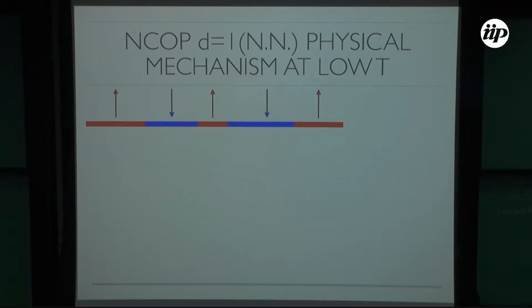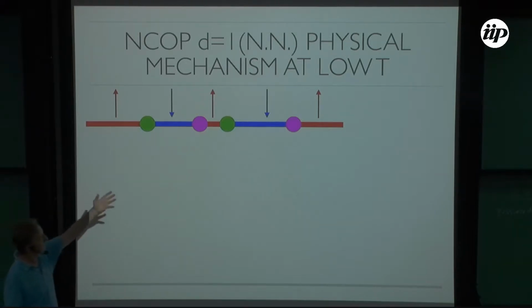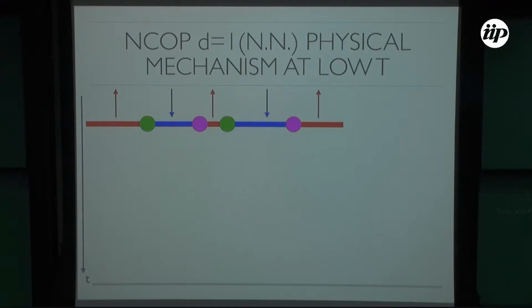The physical mechanism whereby coarsening occurs is quite simple. You see here at some time you have some domains, in 1 dimension of course, up and down or red and blue. You can map the problem into one where you have two kinds of particles which correspond to the two kinds of interfaces. If you are at very low temperature, these particles move in time by doing a random walk.